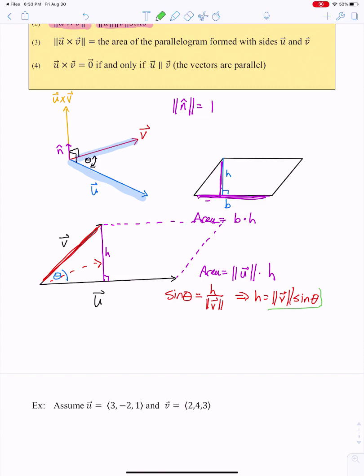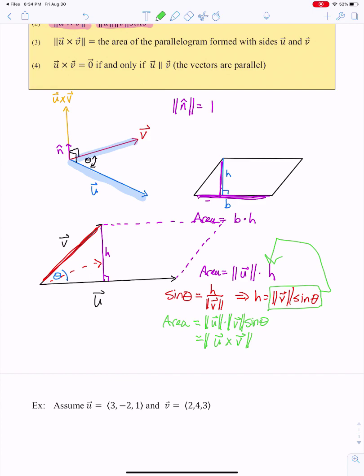If we substitute that in for this h right there, then we have the area of that parallelogram is equal to the magnitude of u times the magnitude of v times the sine of theta, and that is equal to the magnitude of u cross v.